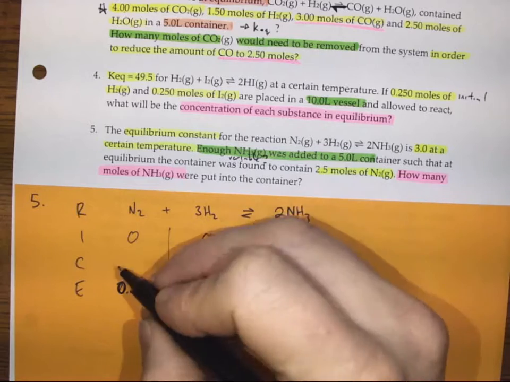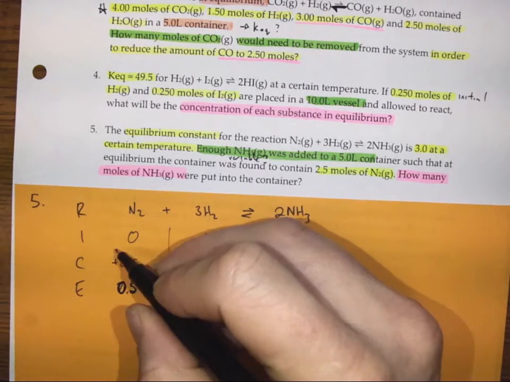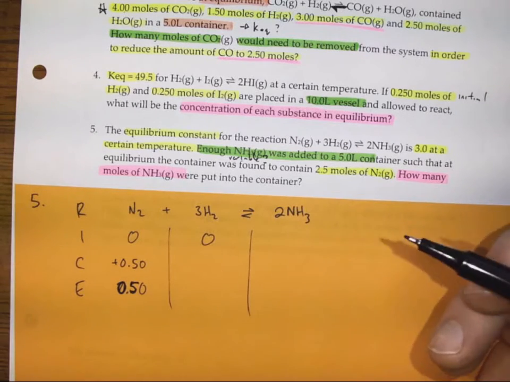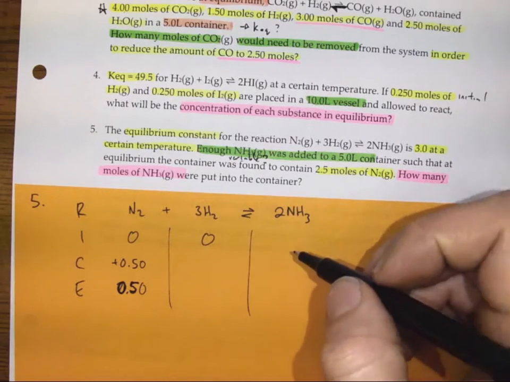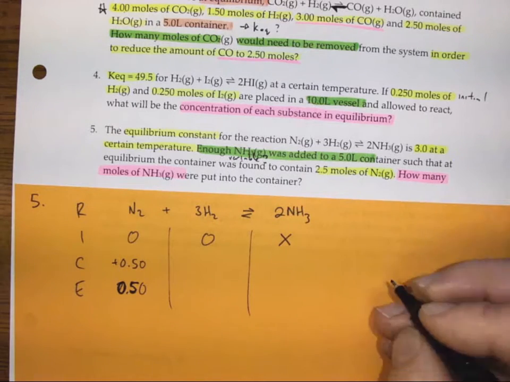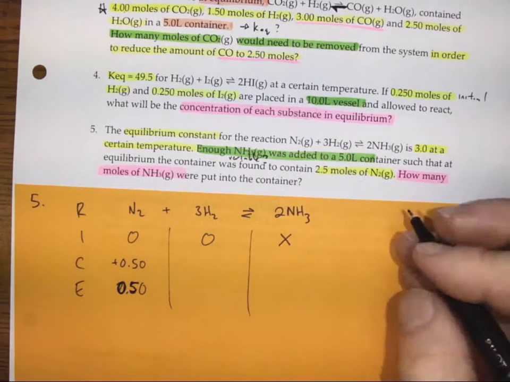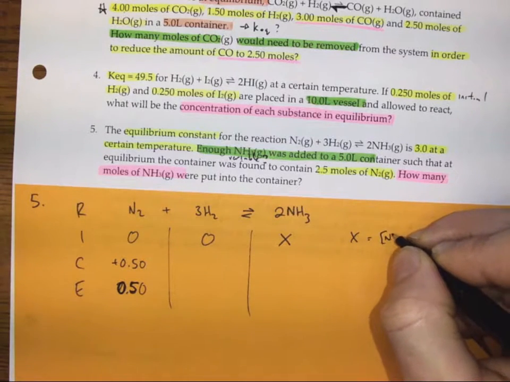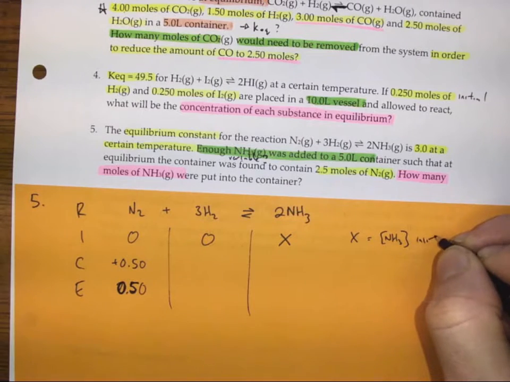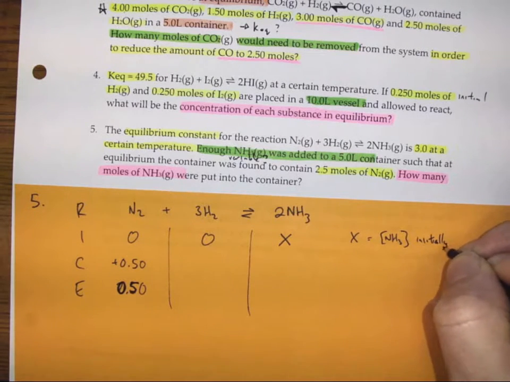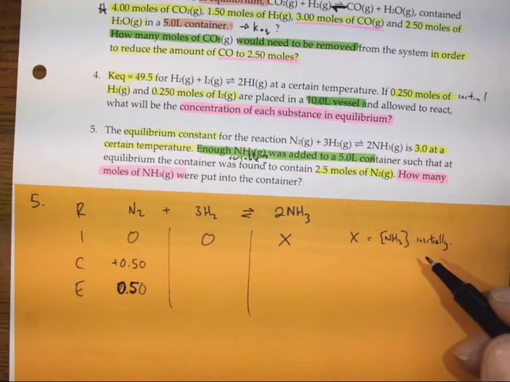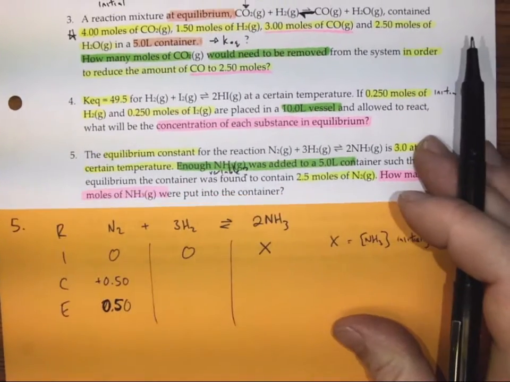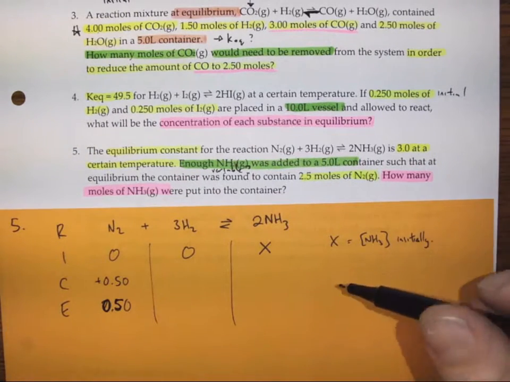Okay, so that means I change my nitrogen gas concentration by 0.50. So I guess I should probably put X in here and let that be my variable for the concentration of NH3 initially. And then we'll come back and solve for the number of moles of ammonia, which is actually what we're asked for. So really we're going to take whatever X value and multiply by 5.